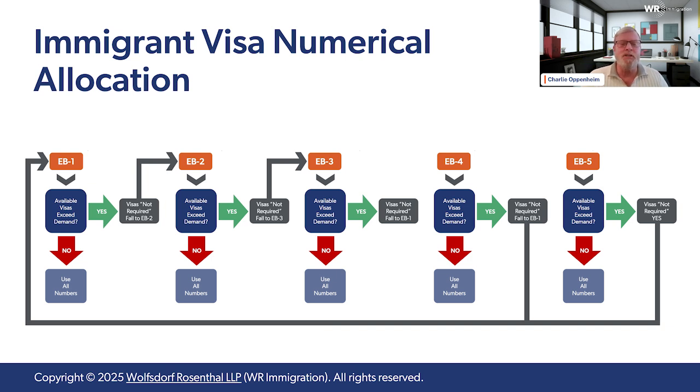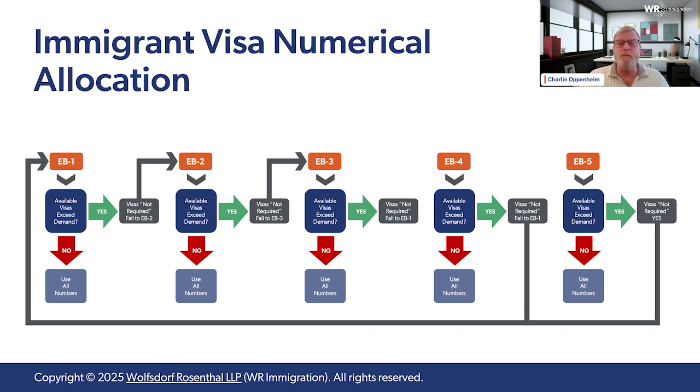And that in past years, for several years, allowed the India second preference date to move at a very rapid pace. If there's not enough demand in the second preference category to use all the available numbers, any remaining unused would fall to the employment third and be added to that original limit. There is no fall down from the third. If there were unused third preference numbers, they would fall back up for potential use in the first preference.